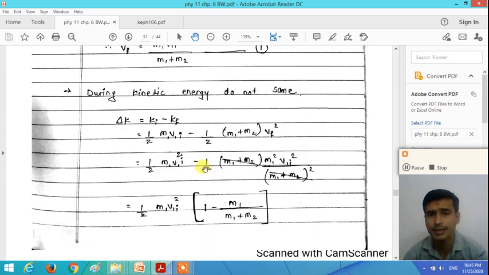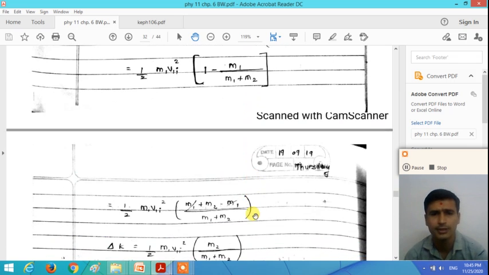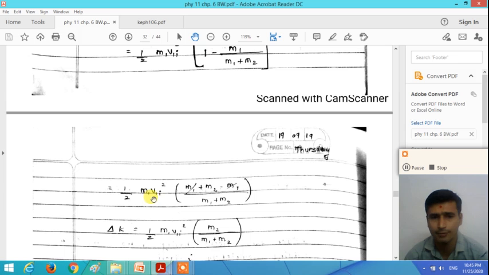And take 1/2 m1 v1i square common. So with 1/2 m1 v1i square common, we get here 1 minus m1 divided by (m1 plus m2). Simplify this equation, we get 1/2 m1 v1i square into (m1 plus m2 minus m1) divided by (m1 plus m2).